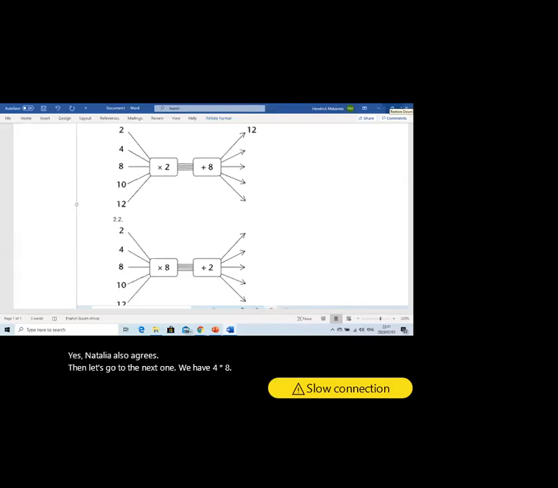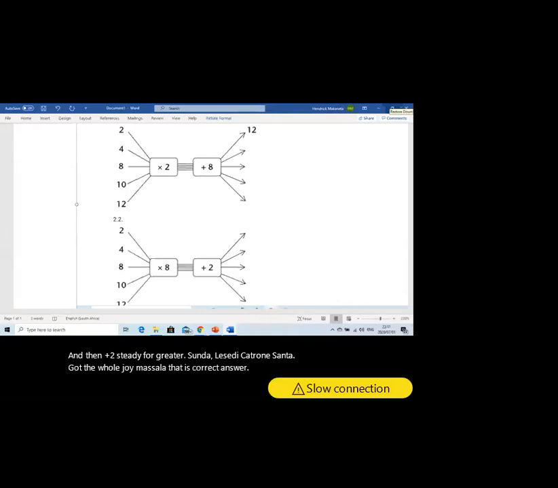All right, 4 times 8 is 32, and then plus 2 is 34. Great. Asanda, Lesedi, Katleho, Tlantla. That is correct. 34 is the correct answer.